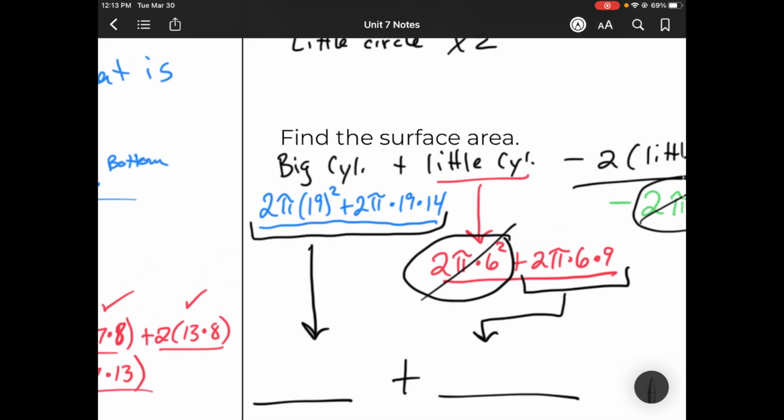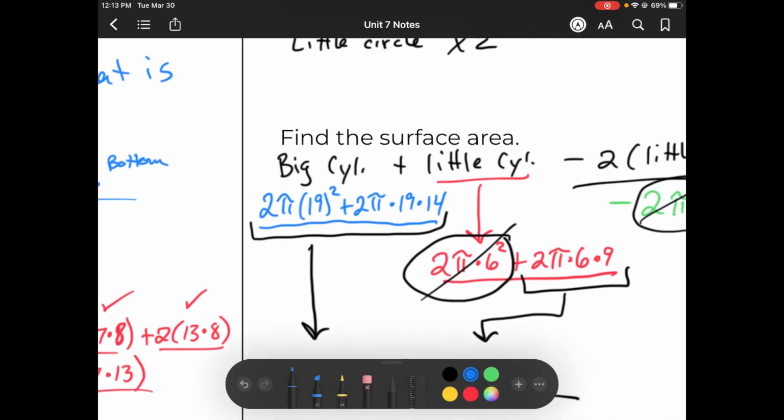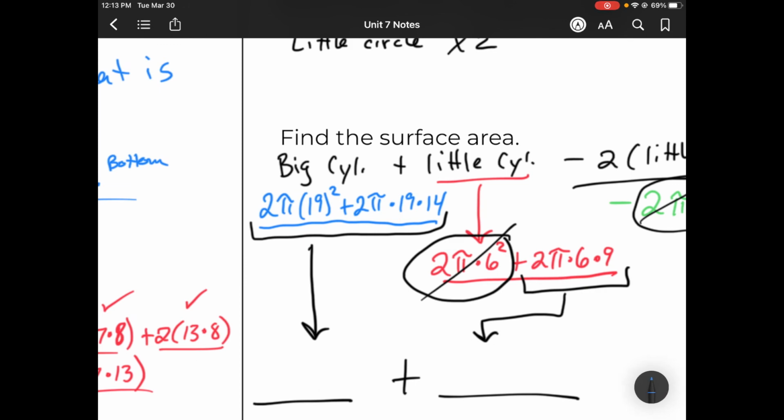Okay, so when I do this part here in blue, okay, for my big cylinder, I've got 2 pi times 19 squared plus 2 pi times 19 times 14. When I do 2 pi times 19 squared, that gives me 722 pi. But then I also have to add in the 2 pi times 19 times 14.